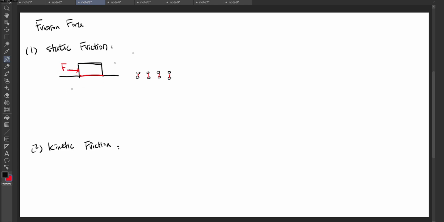Okay, suppose this object here is still at rest. And that's the mechanism for generating this static friction. Okay, so static friction should balance the pushing force that we applied in the horizontal direction. So if I draw the static friction, it should point backward. Okay, so the static friction symbol is Fs.